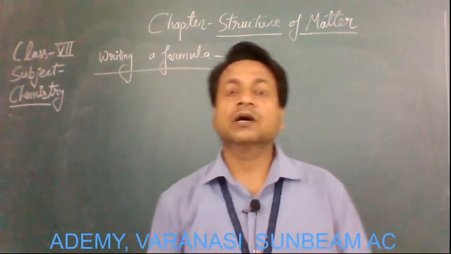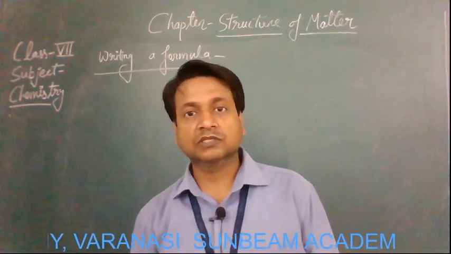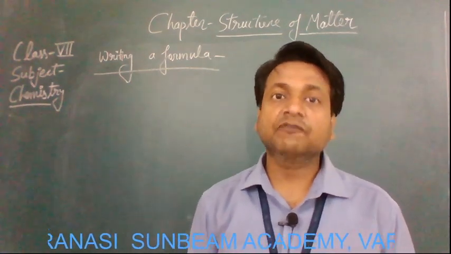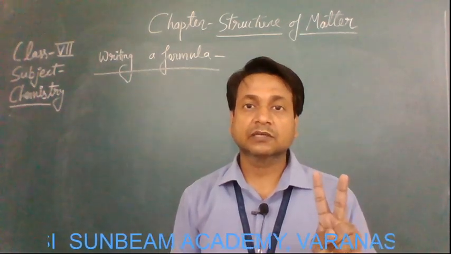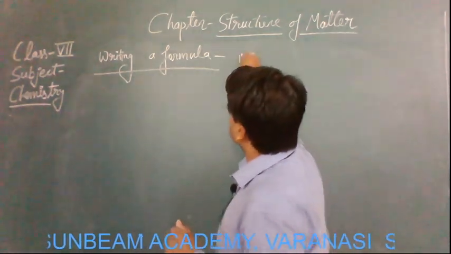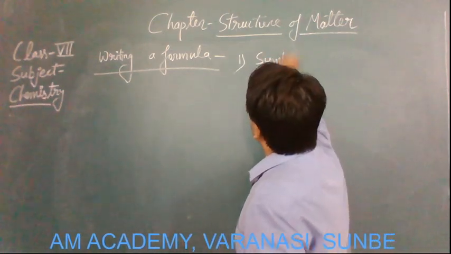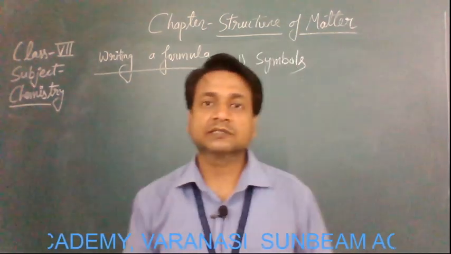Writing a formula. How we can write the formula of compounds or other groups or elements. Simply, for writing the formula, we must know two things. The first one is symbols of different elements and groups.